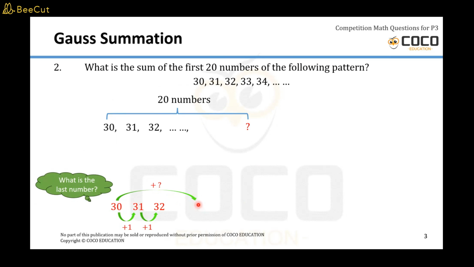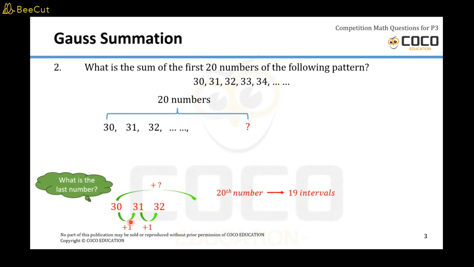You see, two numbers have one interval, which is plus 1. If I have three numbers, I have two intervals of plus 1. So how about the 20th number? You notice that the number of intervals is 1 less than the number of numbers.